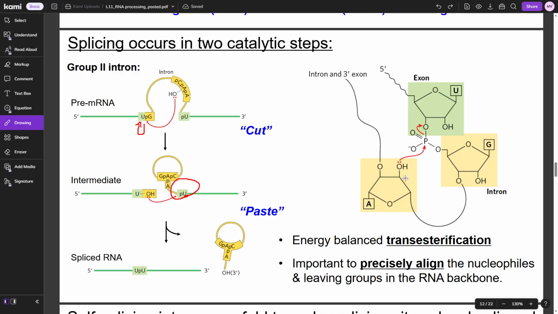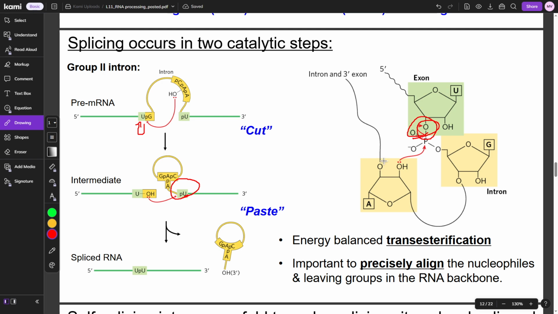This yellow portion here is going to form a circular structure, because this OH is attacking here. It's going to break off from here. And then you're going to have a nucleophilic OH, that's this.